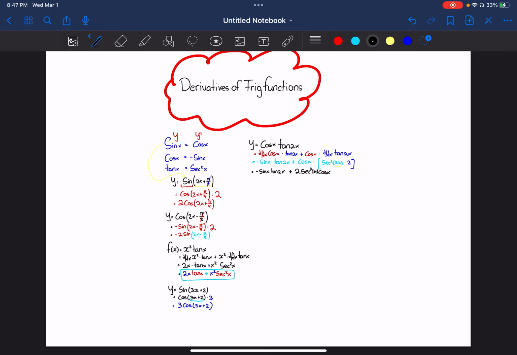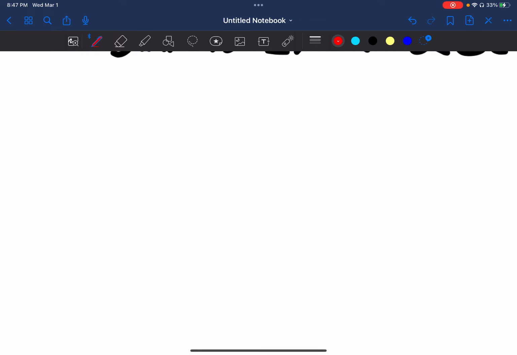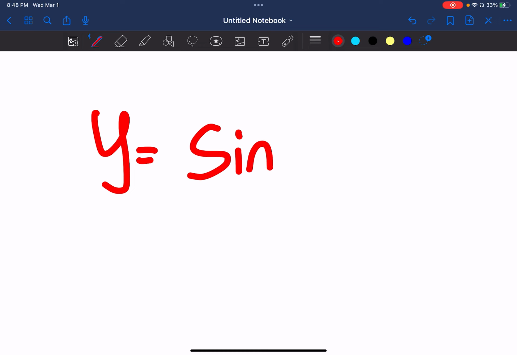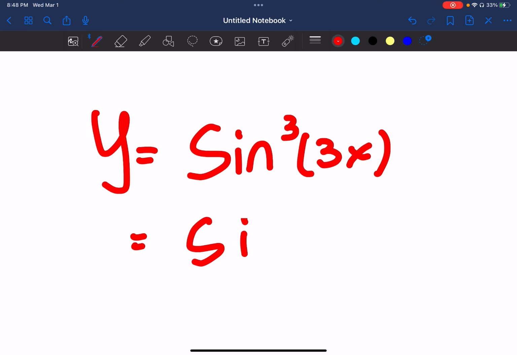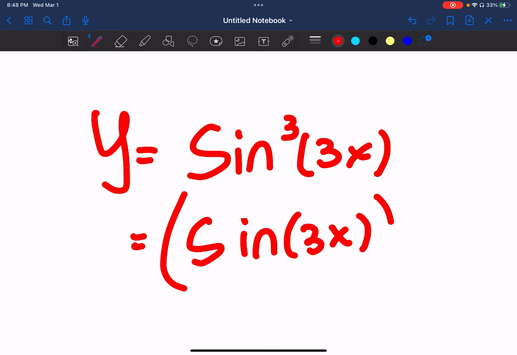I'll do one more because I think this one's a little bit different and I just want you to kind of get it. So we'll say y equals sine cubed of 3x. So this is the same thing as saying it's equal to sine of 3x all cubed.